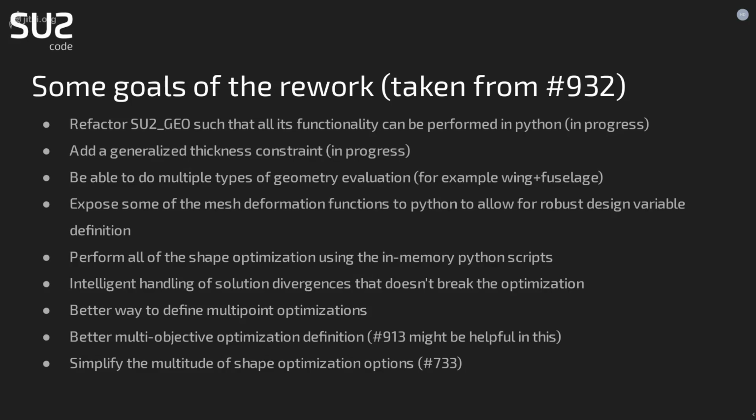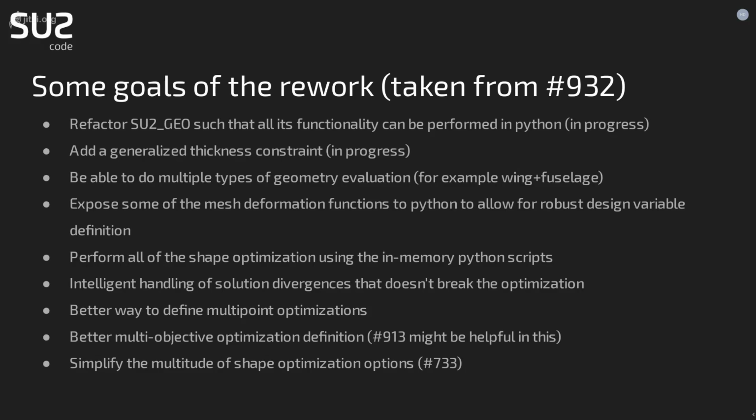At least the FFD part just needs a point cloud. Right? Yeah, exactly. That's all it needs. Other parameterizations might need a little bit more, but even something like a Hicks-Henne function is totally independent of the connectivity and stuff like that. So even for that it's not needed. That would be great.